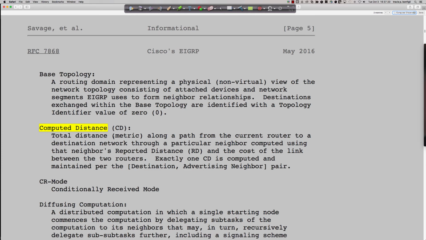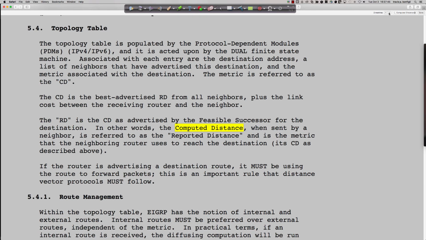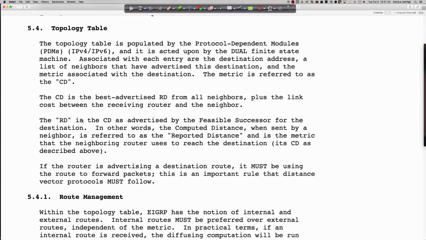It's the total distance, the metric, along a path from the current router to a destination network through a particular neighbor, computed using that neighbor's reported distance and the cost of the link between the two routers. Exactly one computed distance is computed and maintained. Now, let's see where the next occurrence is. And it's here. The reported distance is the computed distance as advertised by the feasible successor.